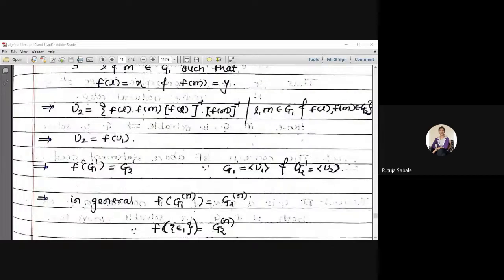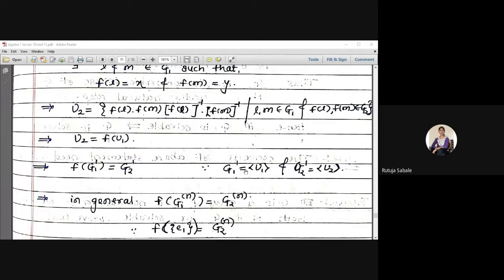Hence U2 is equal to f of U1, which is equal to f of G1 dash, which is equal to G2 dash. Why? Because G1 dash is generated by U1 and G2 dash is generated by U2.